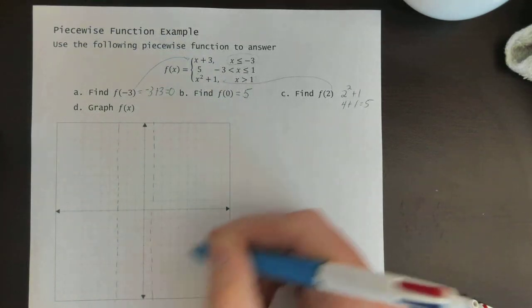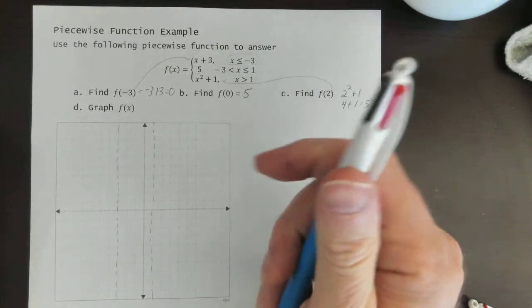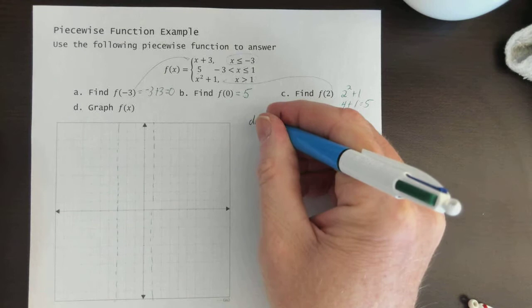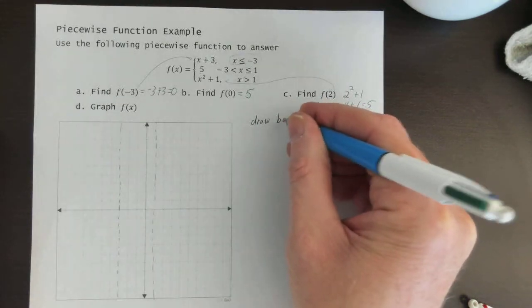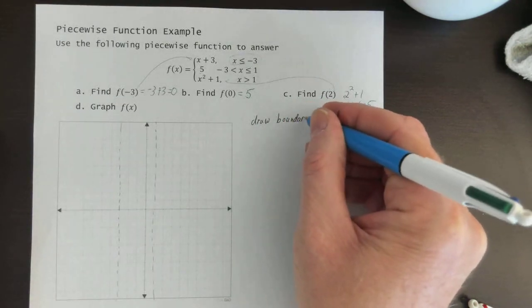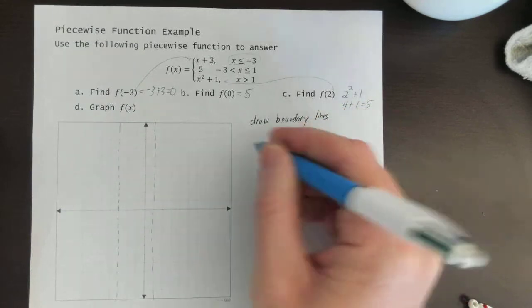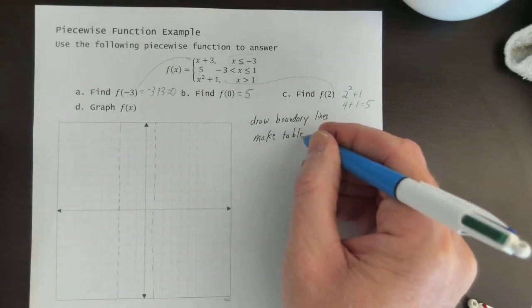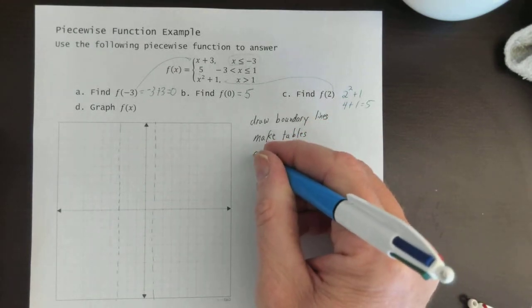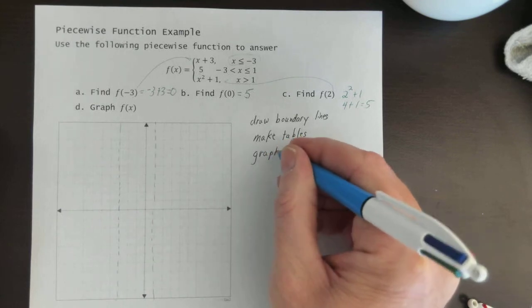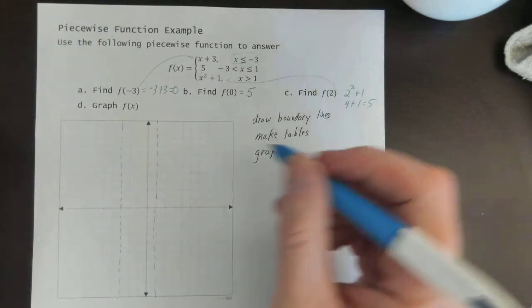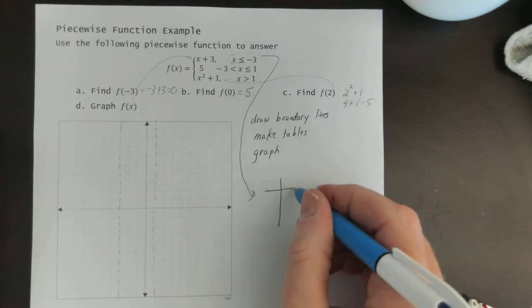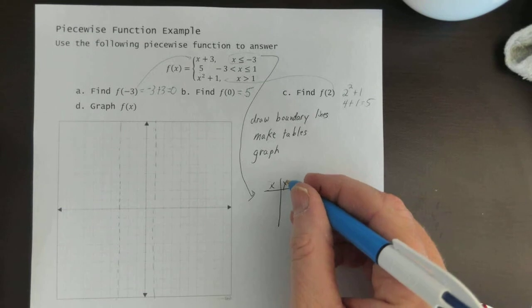There's our boundary lines. And then we make our tables and graph.